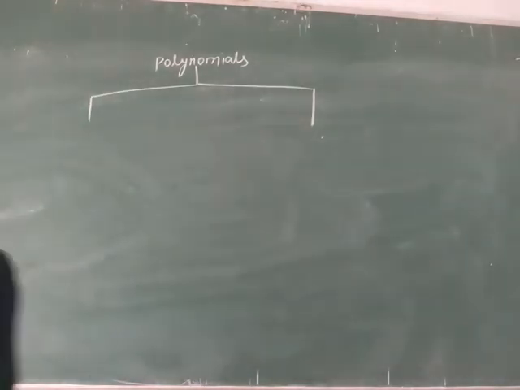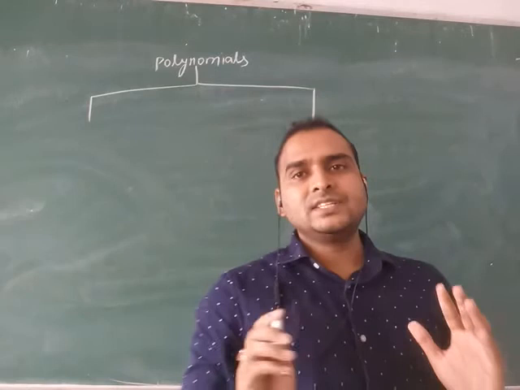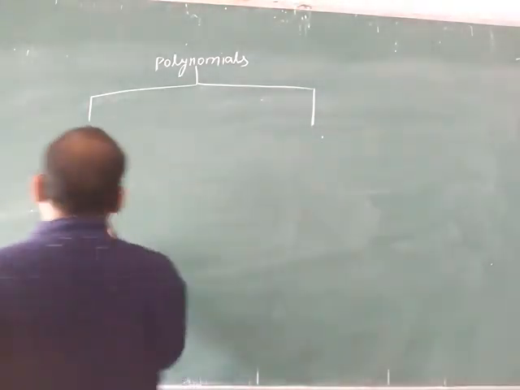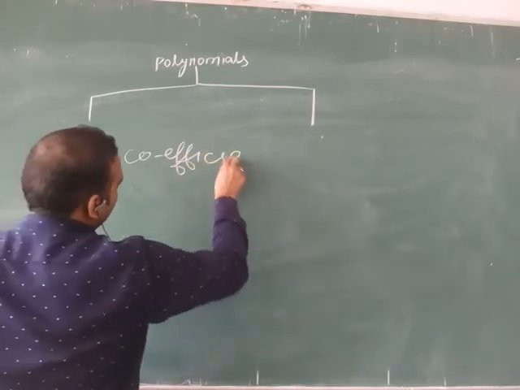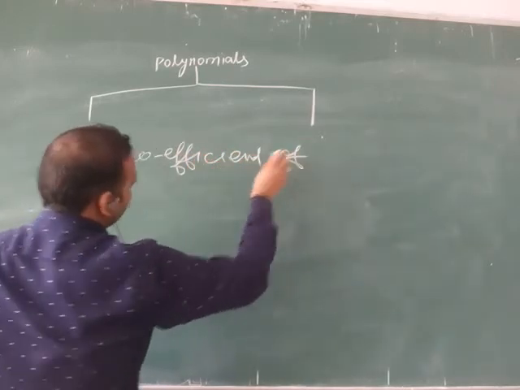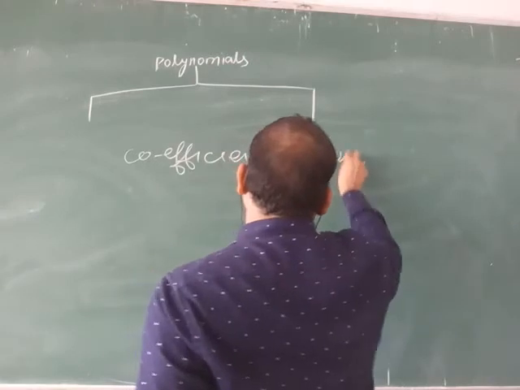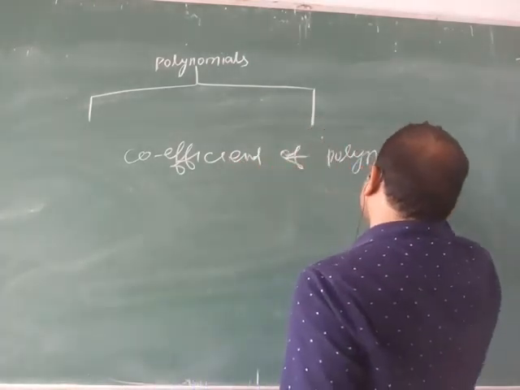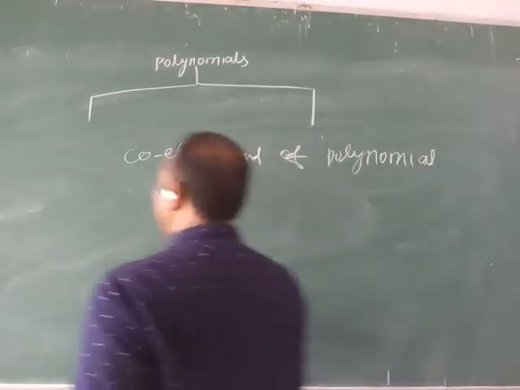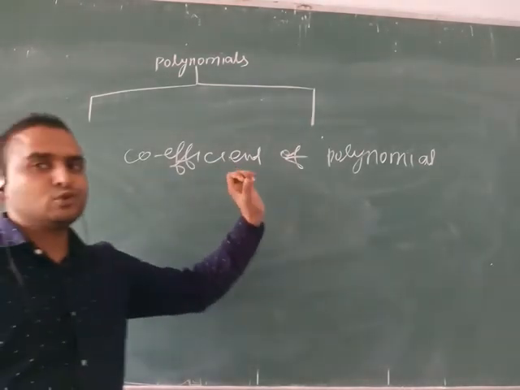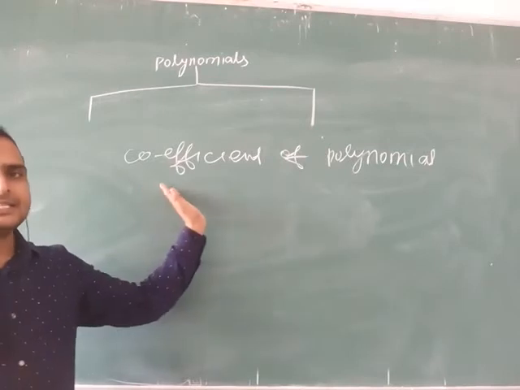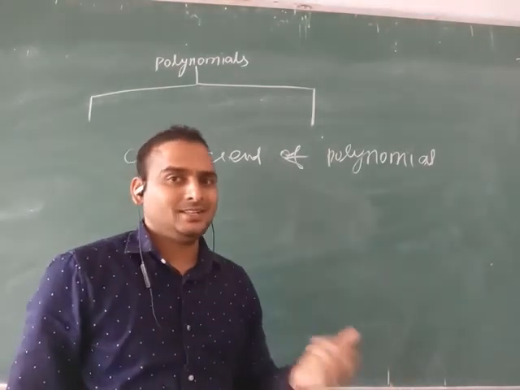Now one very interesting thing is the coefficient of polynomials. Coefficient of a polynomial, or coefficient of any term. Coefficient means associate, that is, its friend.